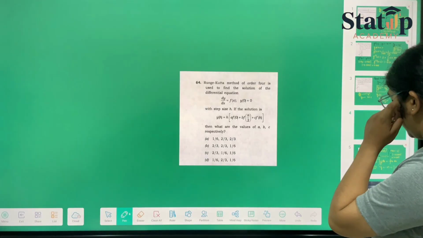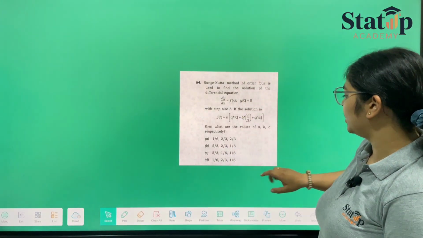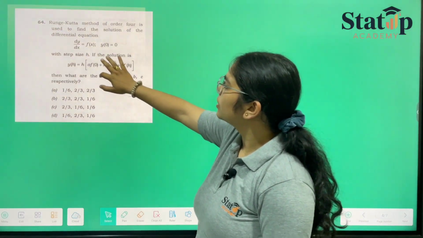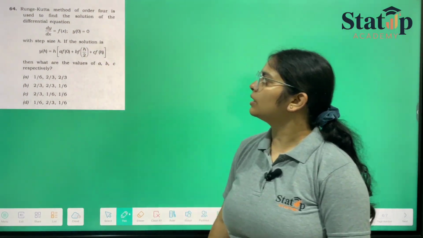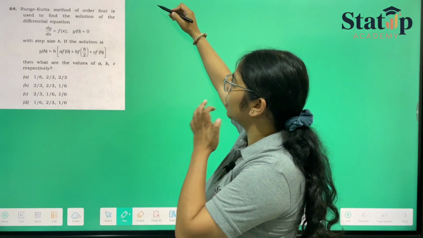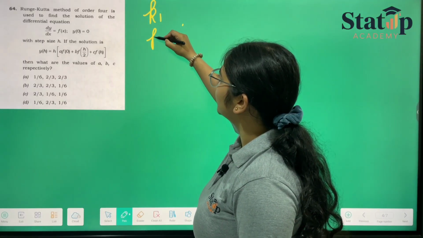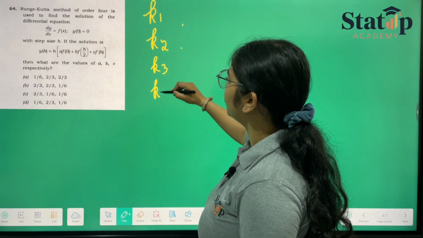Now the last kind of method that we'll be talking about is the Runge-Kutta method. So first of all, let us see what the Runge-Kutta method is. In the Runge-Kutta method, we have four variables k1, k2, k3 and k4.